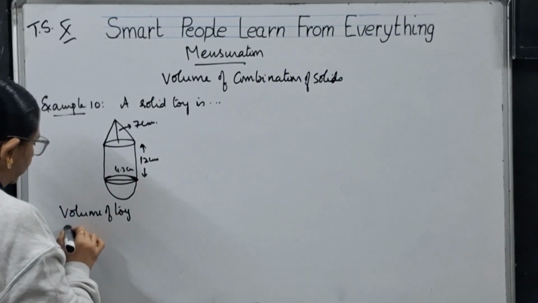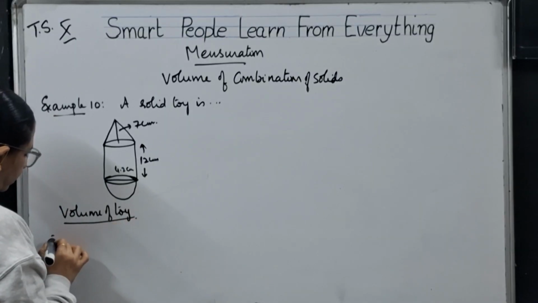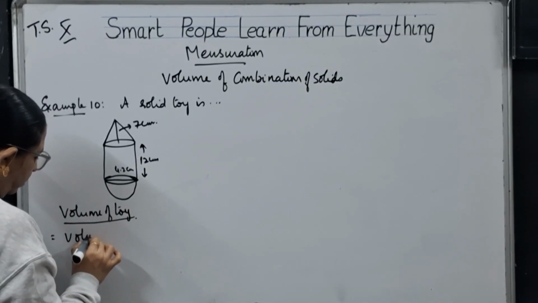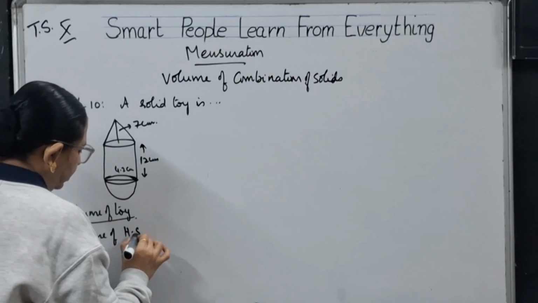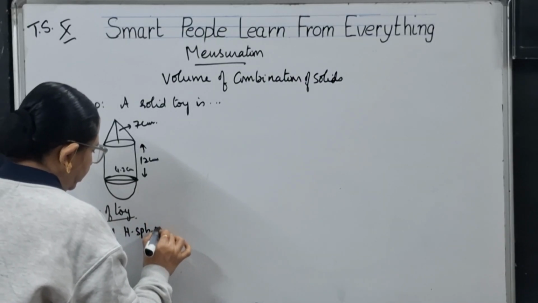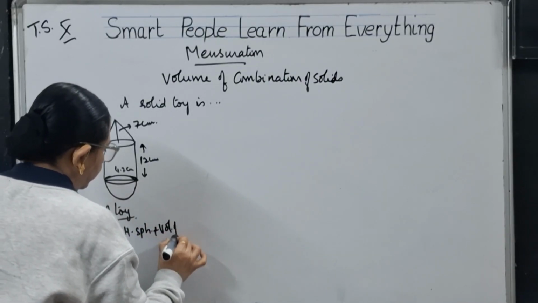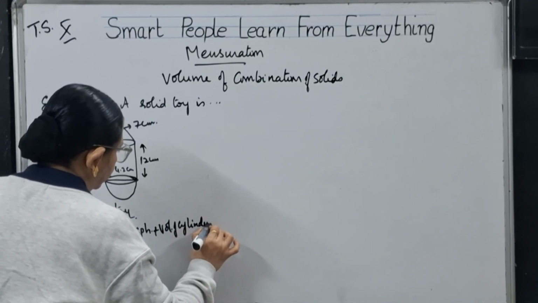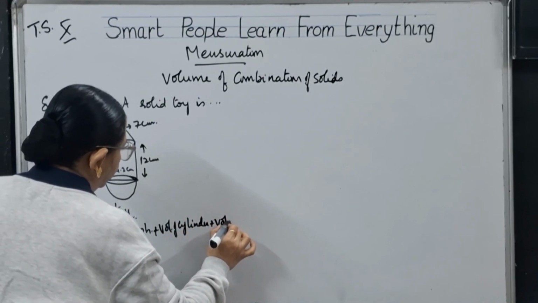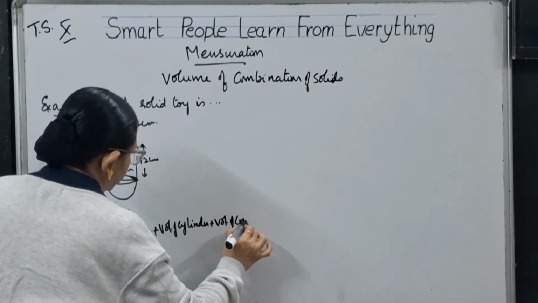So volume of toy, how will you find out, children? This is nothing but volume of hemisphere plus volume of cylinder plus volume of cone.